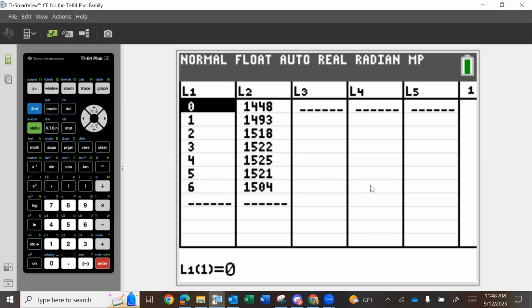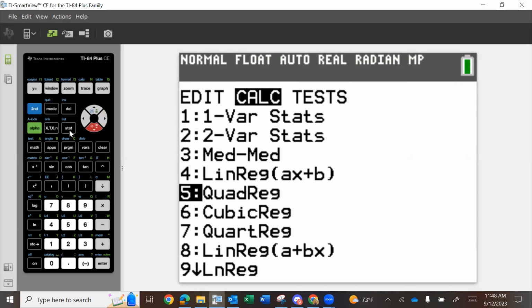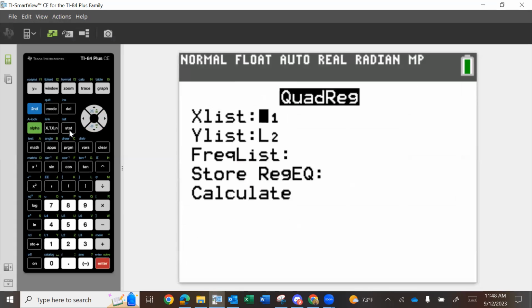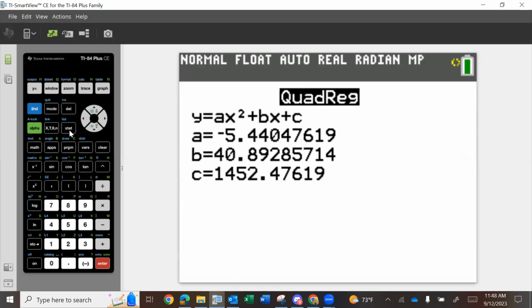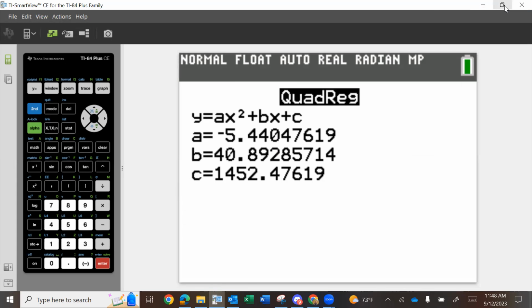All right, so I've got all my data in there, and I want to get the quadratic regression equation. So I'll go stat over and then down to quadratic. And again, it's L1 and L2. And so we got this. Let's write that down. I believe it said 3 decimal places.